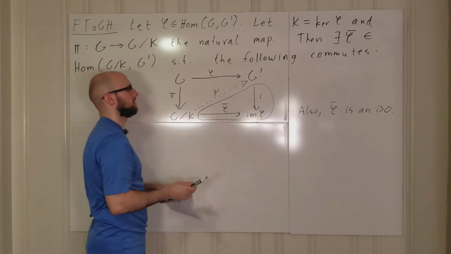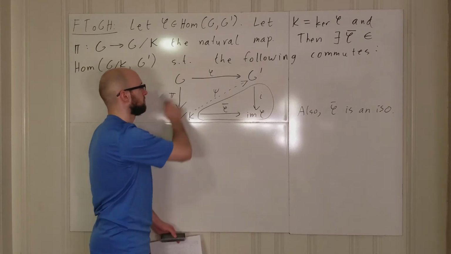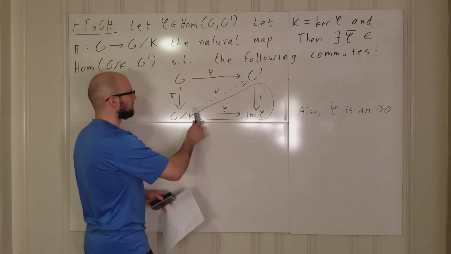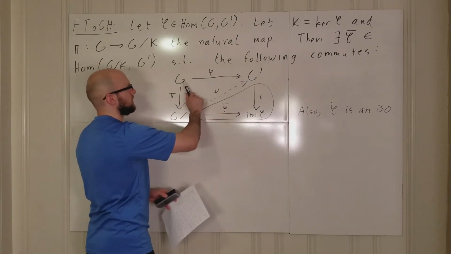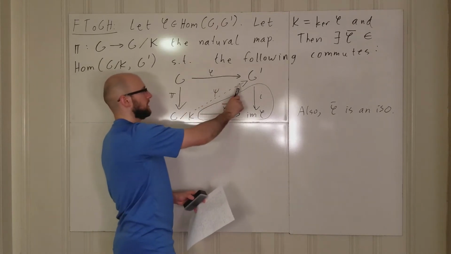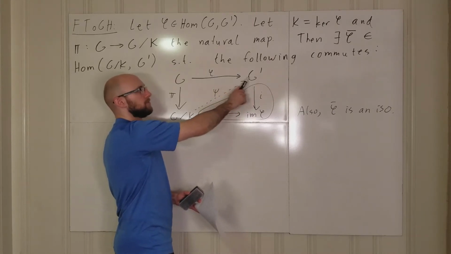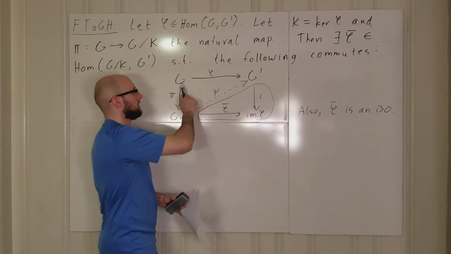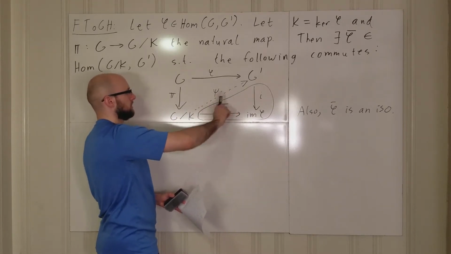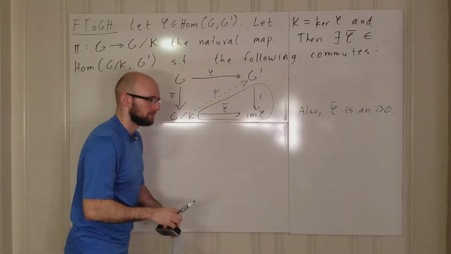Typically you'll see G, G prime, and G mod K, and if phi is surjective, then psi is going to be an isomorphism.